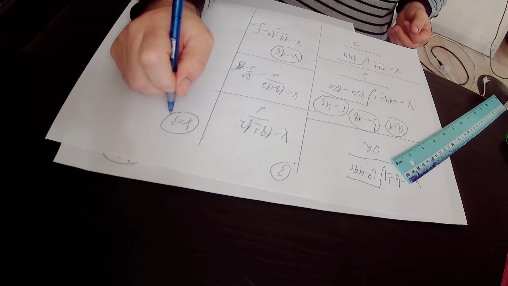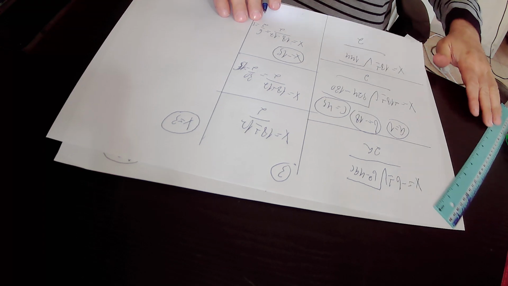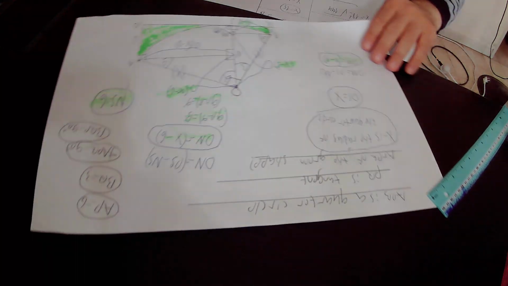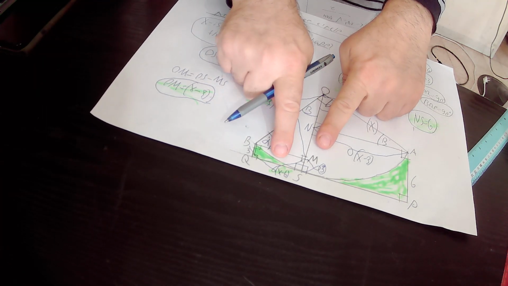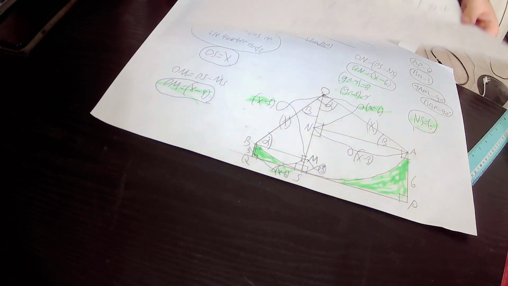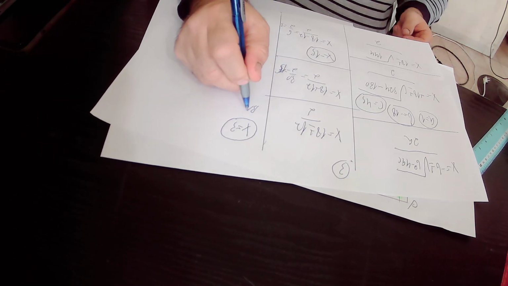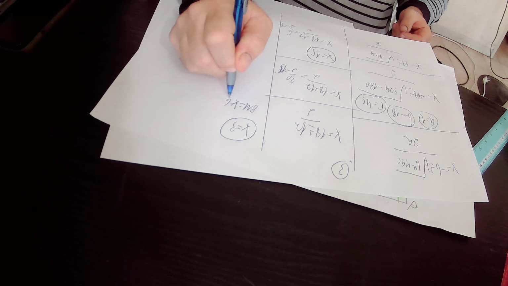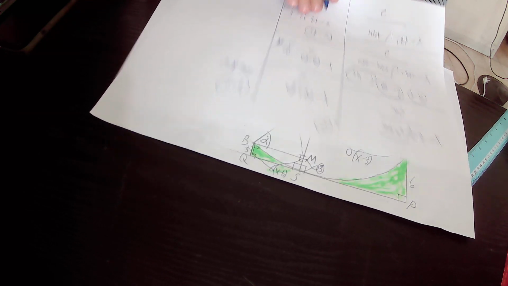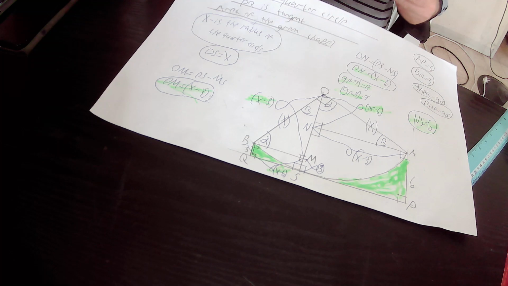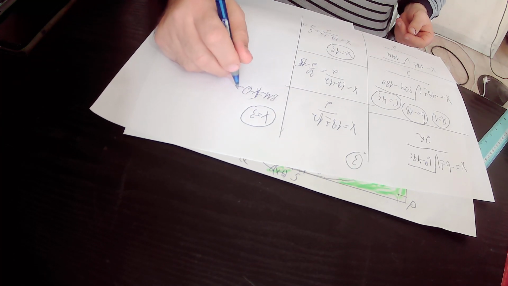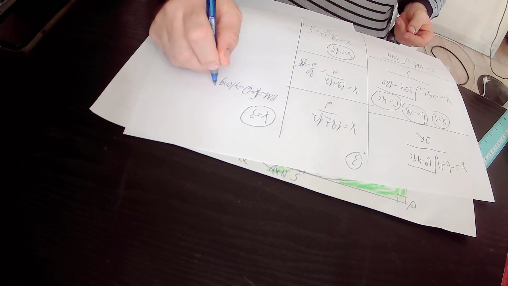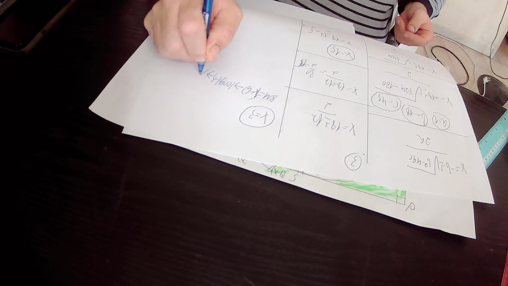But this solution is incorrect. Why? Because we already found that the length of this side BM equals x minus 6. So BM equals x minus 6. BM is a length, and as a length it must be a positive number.